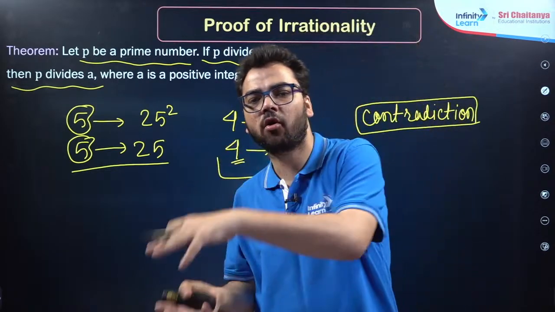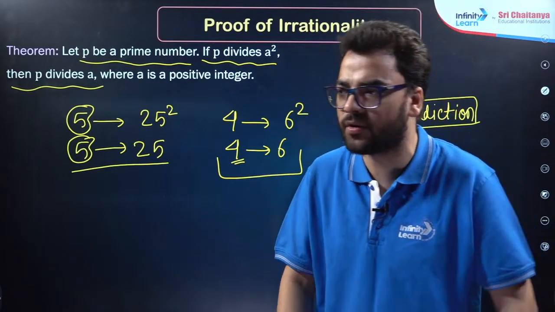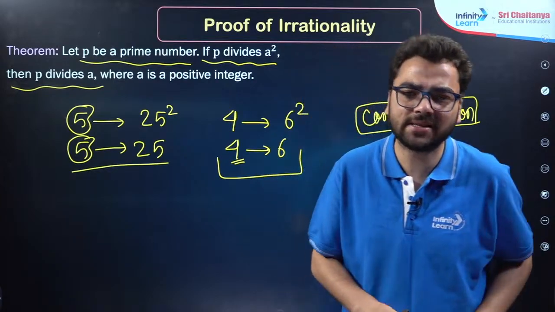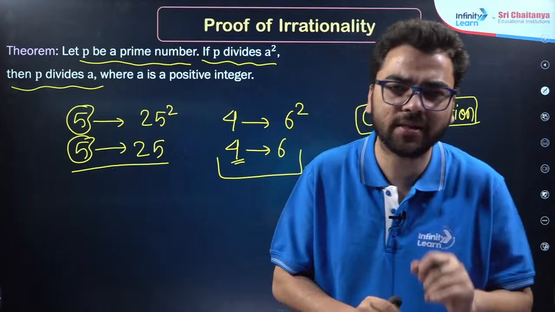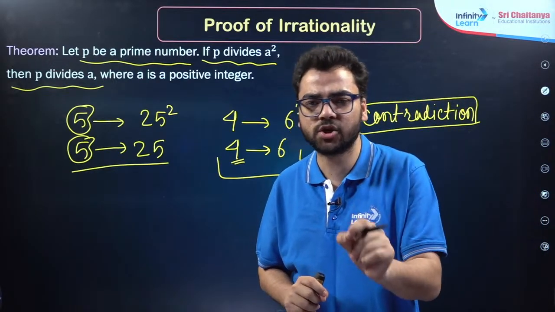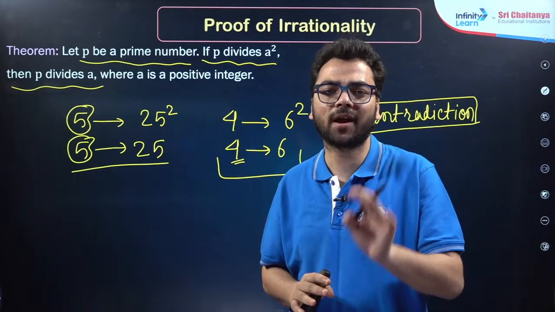So that is a contradictory statement. You have to learn this method, and this will be asked in the examination. At least one question will be 100% sure asked in the board examination on the basis of proof of irrationality.